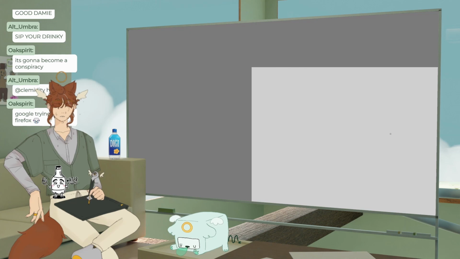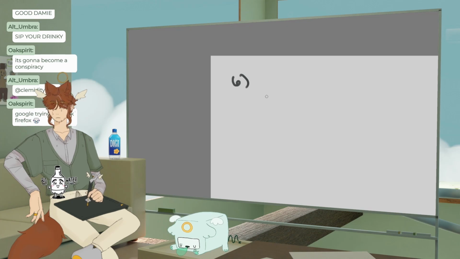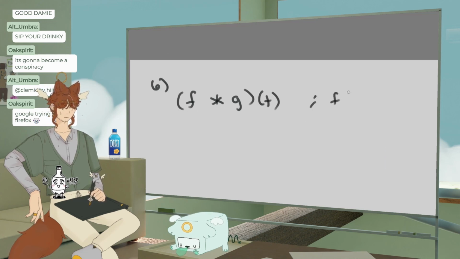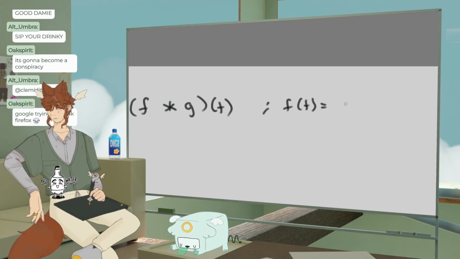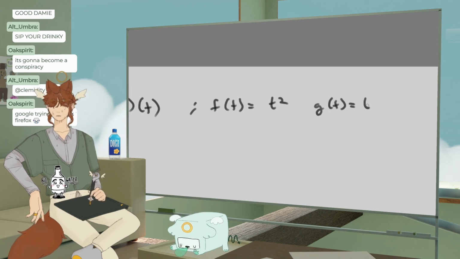Oh wait, we can do convolution. Oh wait, poggers, let's go. I didn't think we were gonna get there. Okay. F convolved with G of t, where f of t equals t squared and g of t equals t cubed.